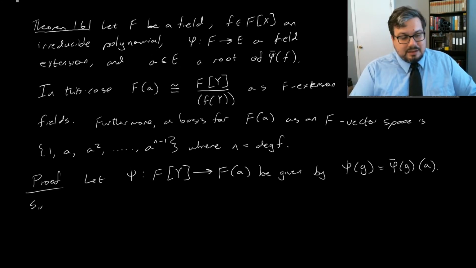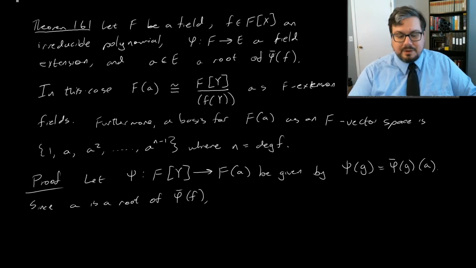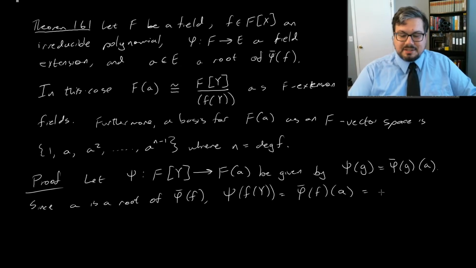Now, since a is a root of phi bar of f, we have that psi of f of y is equal to phi bar of f of a, which is equal to 0.